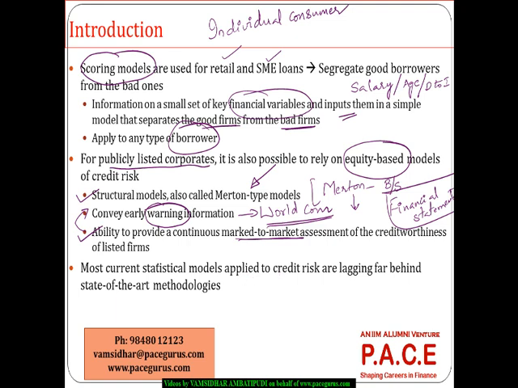Even the latest statistical models which we are using for credit risk are far behind the state of the art methodologies. So probably this method is much more appropriate compared to the statistical based model. So we have to choose which model is a real application for our scenario.